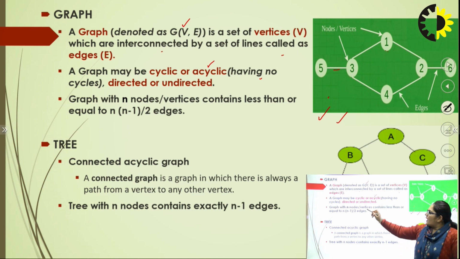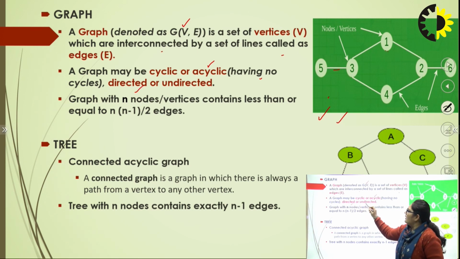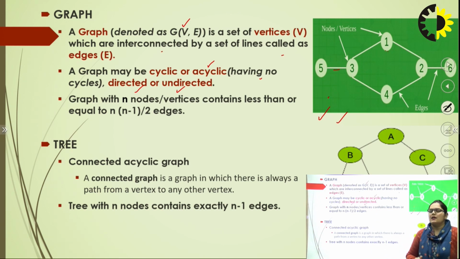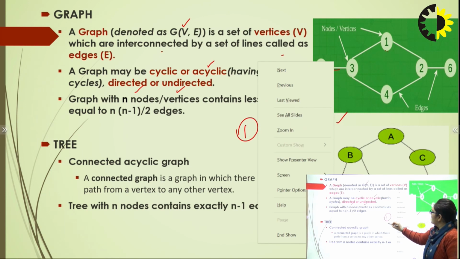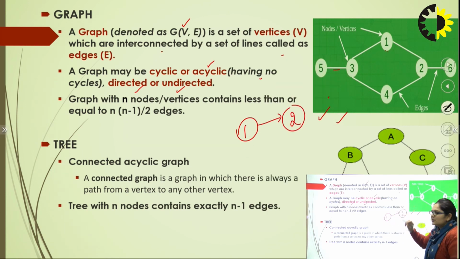Also, your graph may be a directed graph or an undirected graph. Directed graph means if you have two vertices, suppose 1 and 2, and there is an edge which starts from vertex 1 and ends at vertex 2, then there is a direction. We started from vertex 1 and ended at vertex 2.